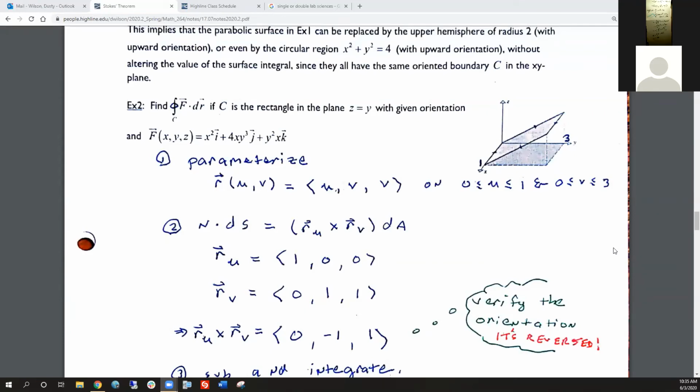What is it that it helped us do? Cut down on parameterization and the number of steps. Yeah, exactly. Thanks, Damon. So we could have done 4 different parameterizations and evaluated 4 different line integrals. Or in this case, we just evaluated one surface integral. So it's sort of a trade, whichever one makes you feel good.